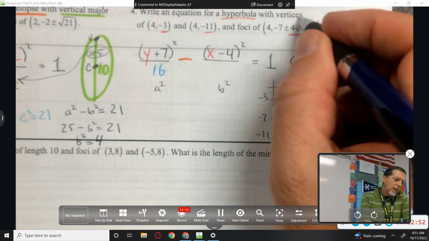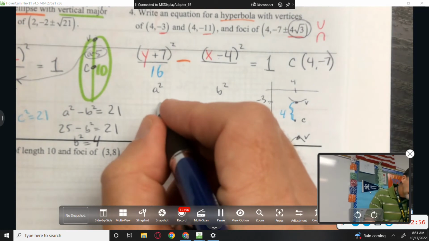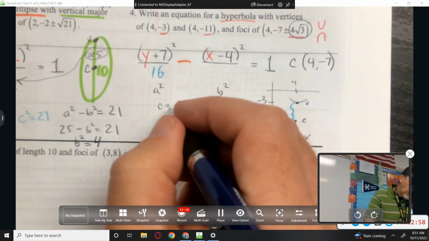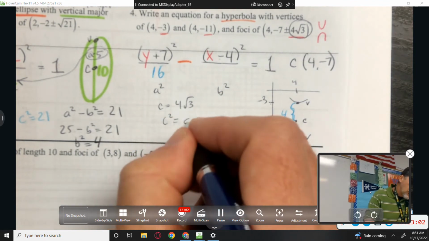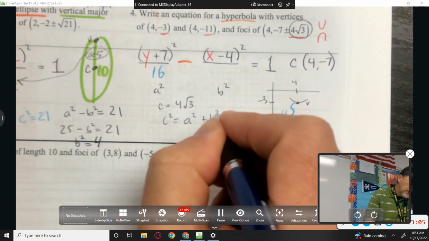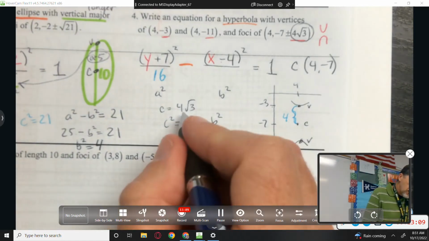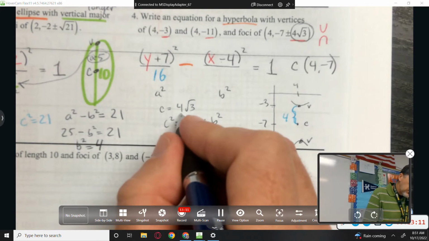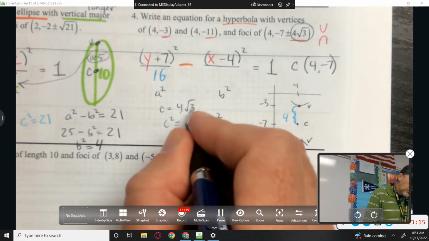that c, not c as in center, but c as in distance to focus, is 4 square root of 3. And c squared equals a squared plus b squared. Let's see, 4 square root of 3 squared would be 16 times 3, which is 48.